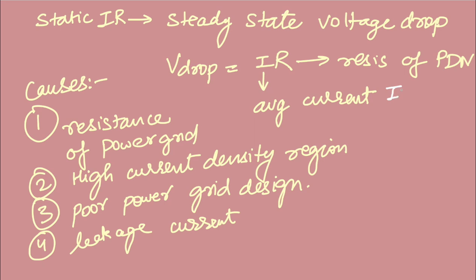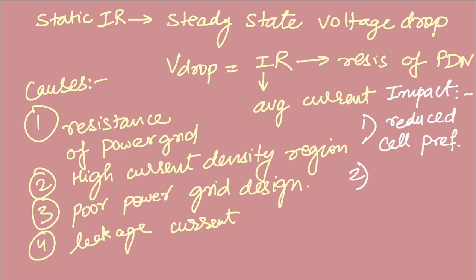Now what is the impact of static IR? One is that cell performance will be reduced. Why? Because the transistor is slow to turn on, so propagation delay can increase, because there is a voltage drop. When there is a voltage drop, the stress on the transistor usually increases, which causes the transistor to be slow to turn on.